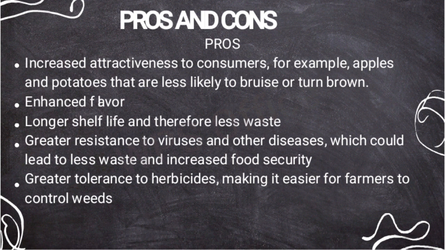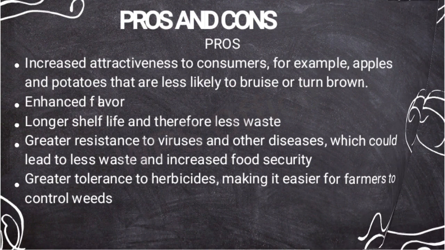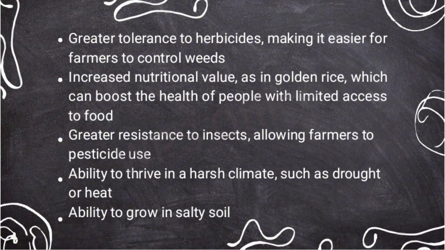Greater tolerance to herbicides, making it easier for farmers to control weeds. 7. Increased nutritional value, as in golden rice, which can boost the health of people with limited access to food. 8. Greater resistance to insects, allowing farmers to reduce pesticide use. 9. Ability to thrive in a harsh climate such as drought or heat. The last, number 10. Ability to grow in salty soil.